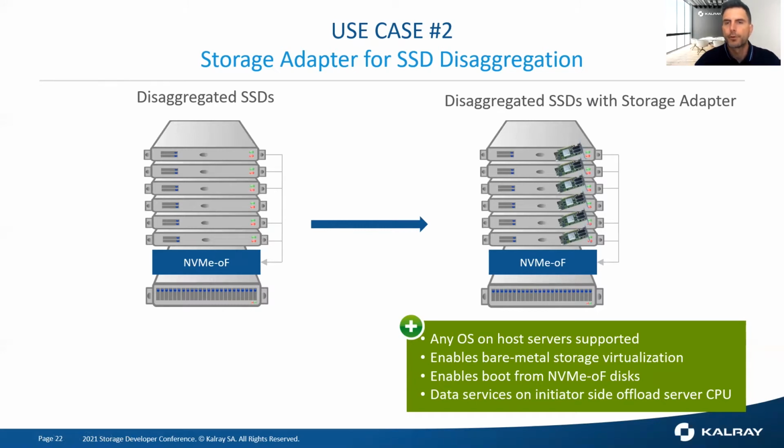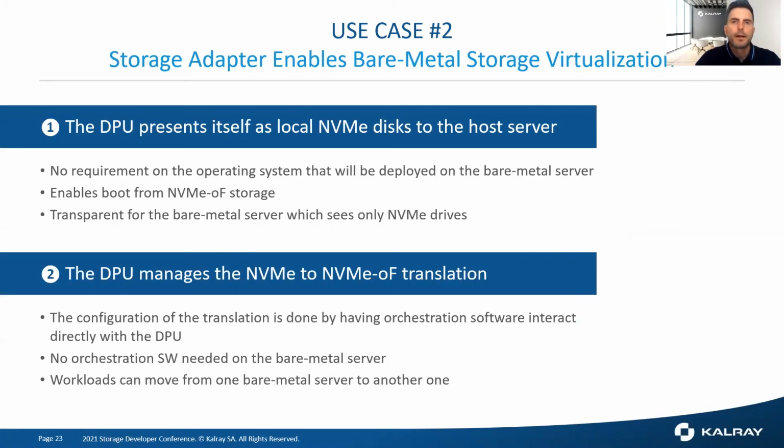So this is where the storage adapter comes into action. The idea is to put a DPU card with a storage adapter software on it in each of the servers. And I will explain a little bit more what this storage adapter will do. The DPU in the storage adapter will present itself as local NVMe disks to the host server, and it will be basically the storage adapter that will manage the NVMe to NVMe over Fabric translation.